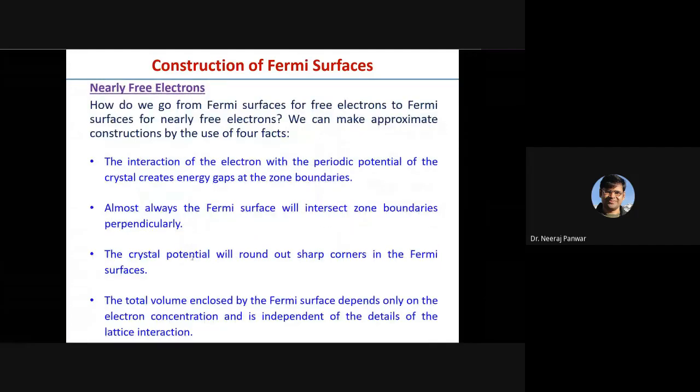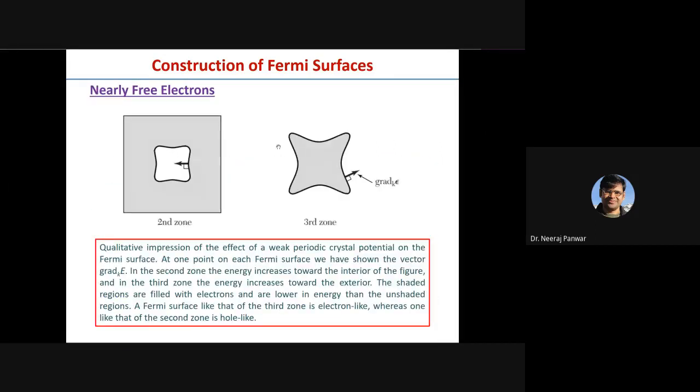The crystal potential will round up sharp corners in the Fermi surfaces that we have seen in the previous slide, where in the absence of periodic potential the corners were very sharp, but the presence of periodic potential will make these corners round.